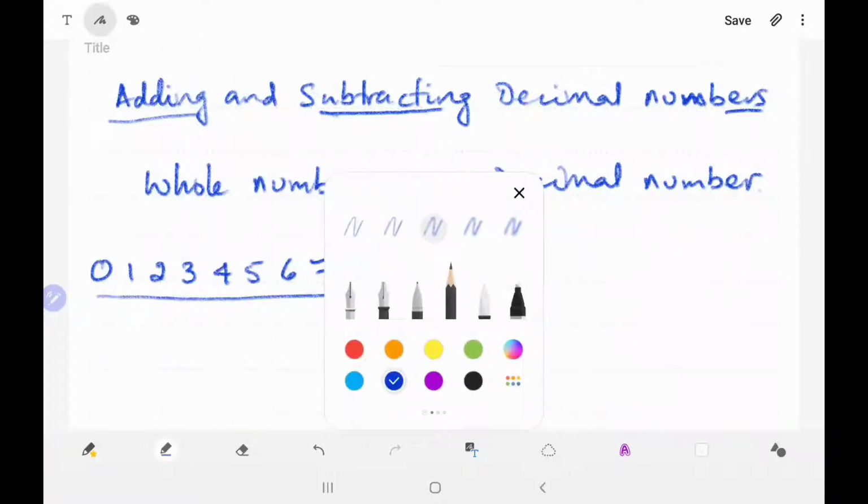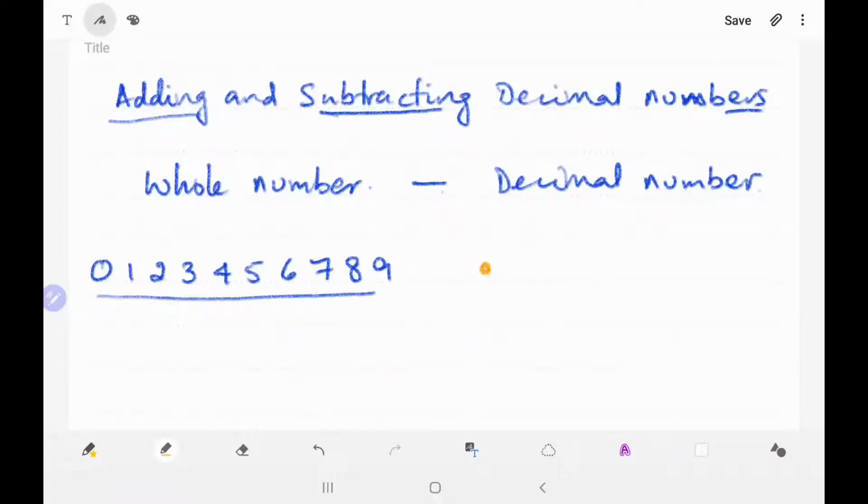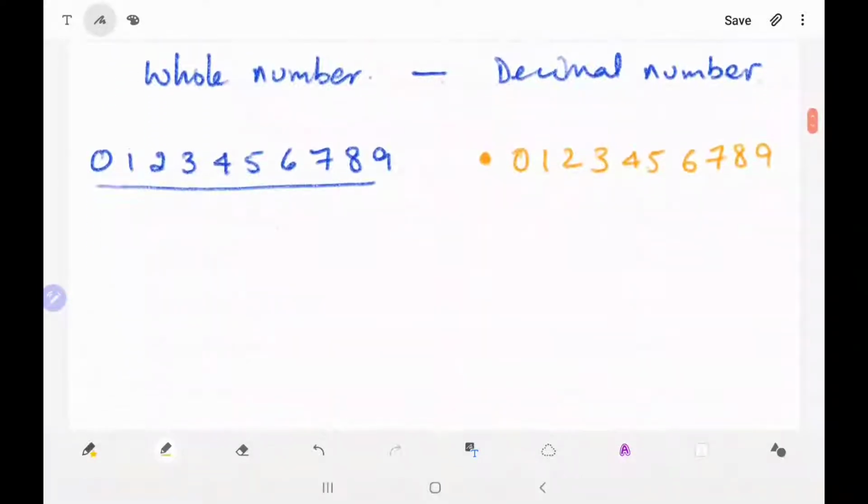What makes it different is there's a dot. So there's a dot, and there's 0, 1, 2, 3, 4, 5, 6, 7, 8, and 9. The difference between a whole number and a decimal number is that a decimal number has a dot in the front. Let me give you an example.